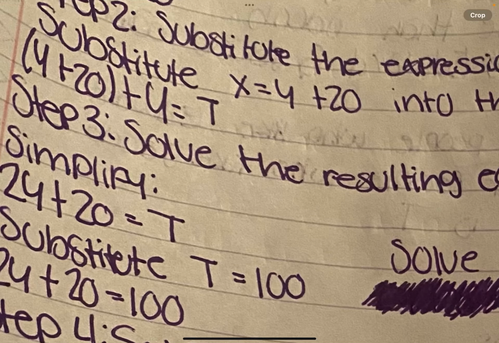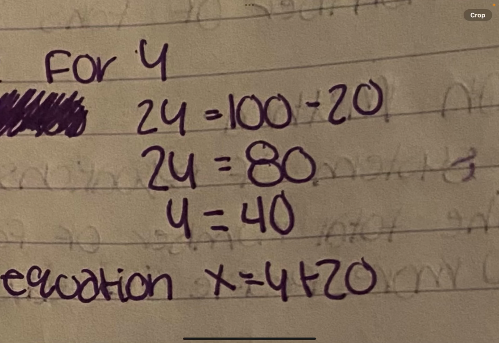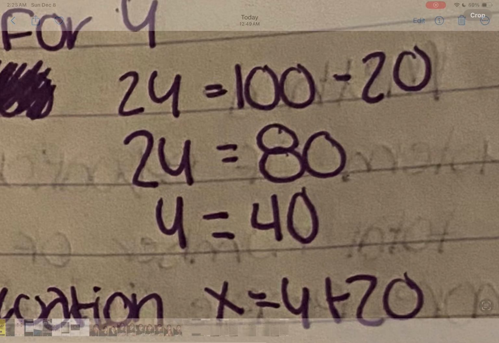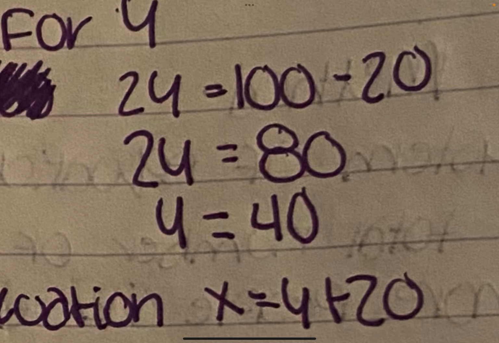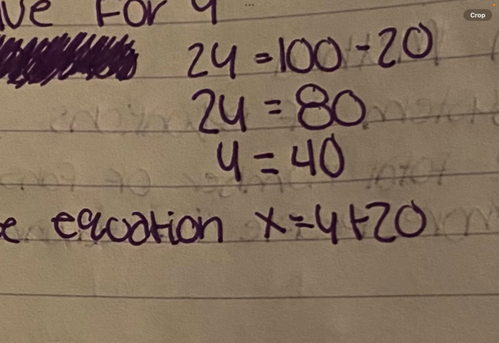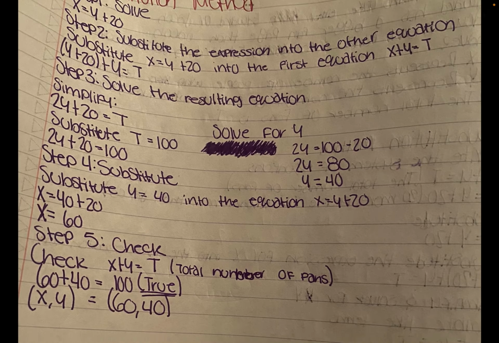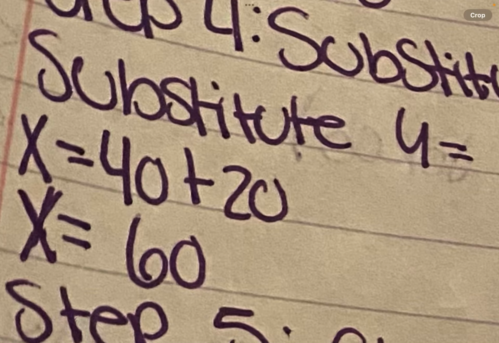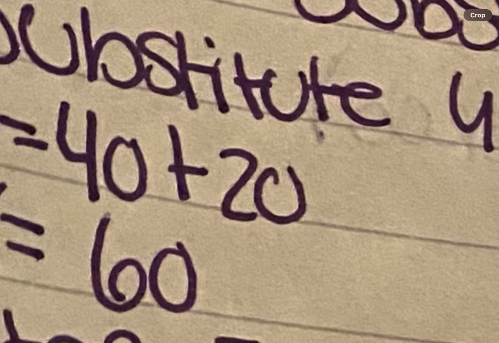We're going to substitute T equals 100. So 2Y equals 100 minus 20. So 2Y equals 80, and Y by itself equals 40. And we're going to substitute Y equals 40 into the equation. So X equals Y plus 20, which is 40 plus 20, 60.